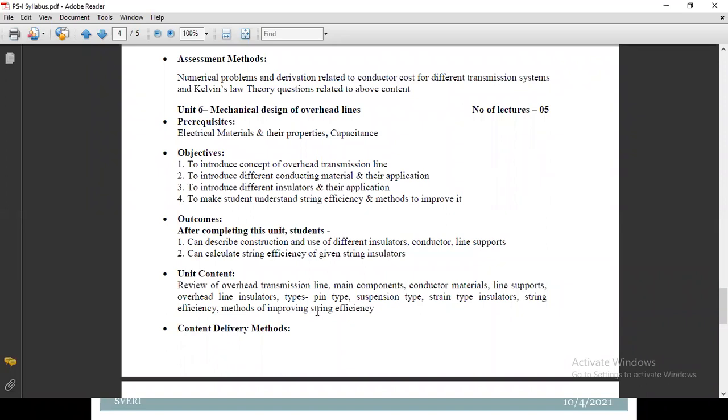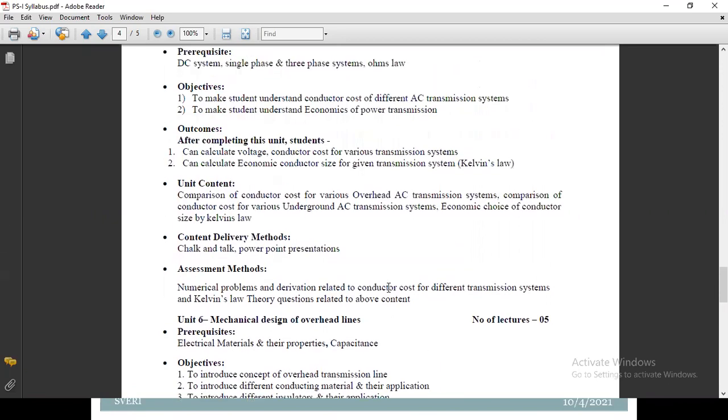And one very important part we are going to study is the string efficiency, and the methods for improving the string efficiency. This point is very important as far as GATE or competitive exams are concerned, because a lot of questions have been asked in competitive examinations on string efficiency and methods of improving the string efficiency.